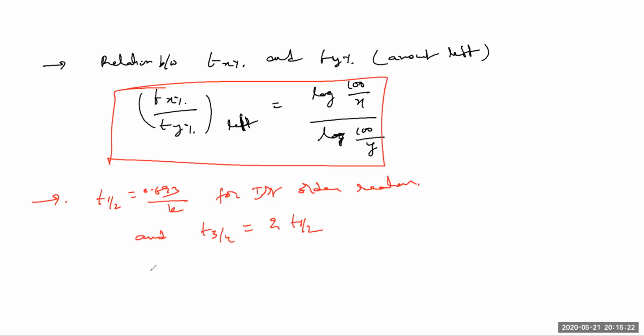And similarly, T 99.99% is equal to 10 times T half. Take these formulas.